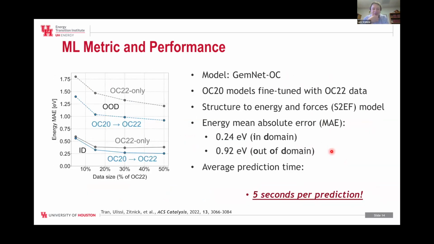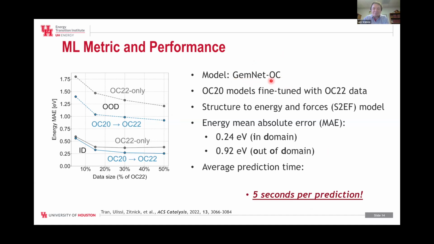And we used the OCP database and one of its machine learning models that comes with it. The one that we picked is the GemNet-OC. There is a slightly better model available now, the EquiformerV2 model, which performs slightly better.